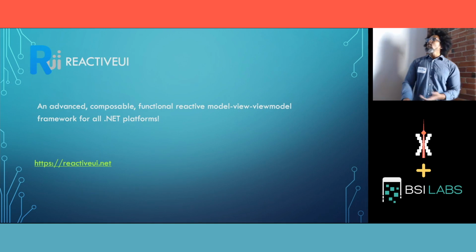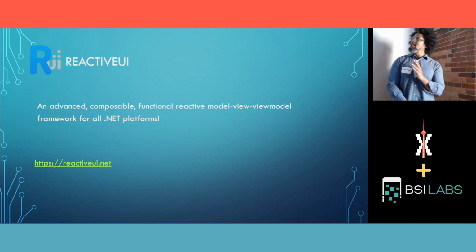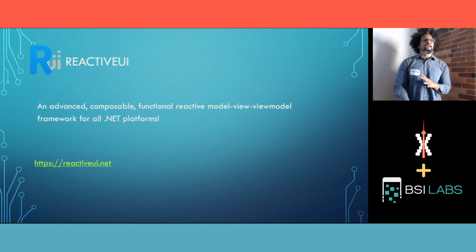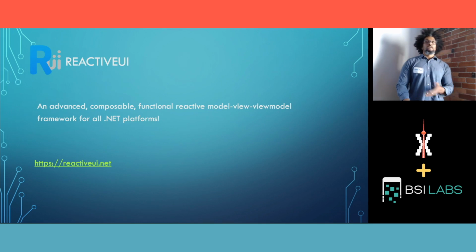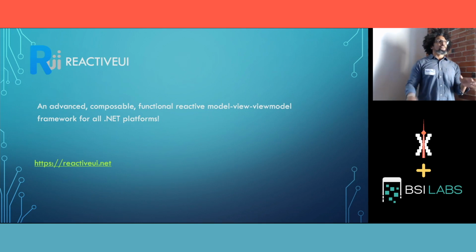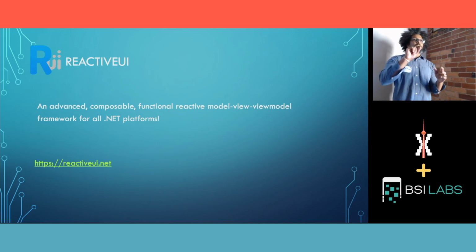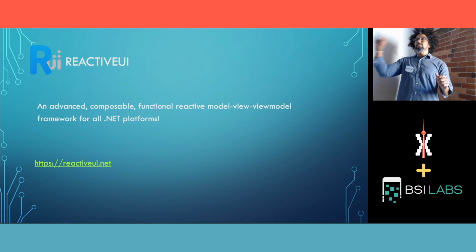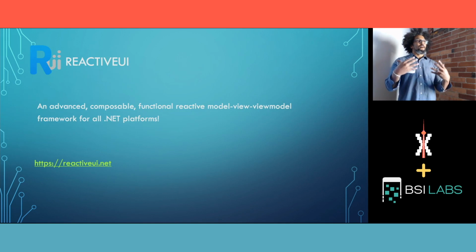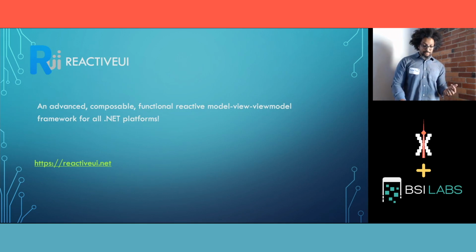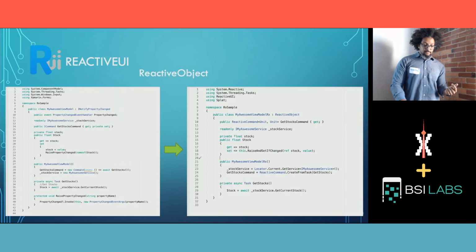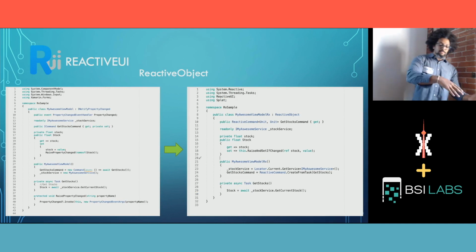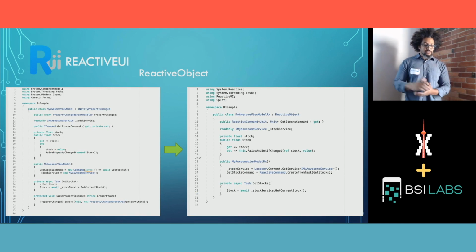And the most important thing about ReactiveUI is that it is on top of Reactive Extensions. If you install ReactiveUI right now, it's a NuGet package, ReactiveUI. You will have Reactive Extensions as part of the reference too, because it is already part of ReactiveUI.